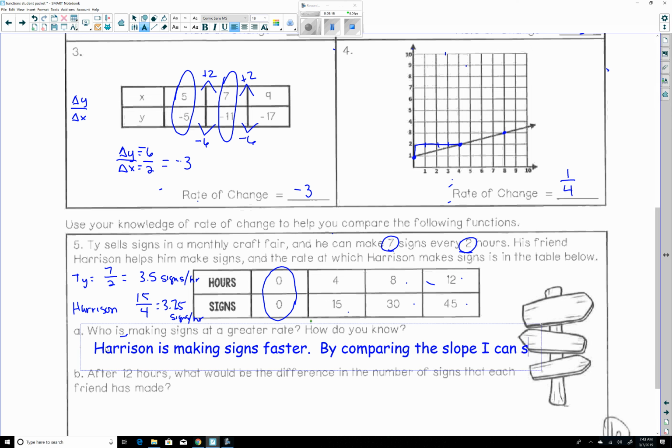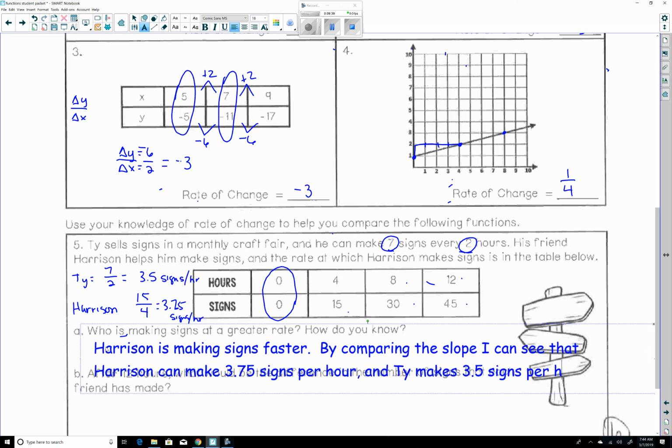I can see 3.75 signs per hour, and Ty makes 3.5.